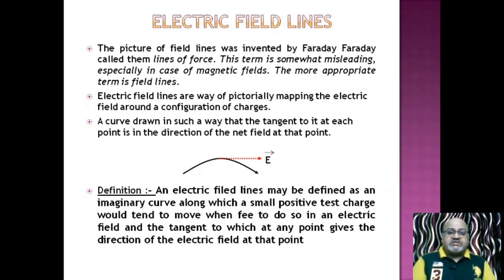Such a test charge, when placed in the electric field, moves because it experiences either a force of repulsion or a force of attraction, and it is free to move. The path along which this positive test charge moves is the electric field line. And this is an imaginary curve. Remember this. We are just using the concept of electric field line to understand more about the electric field.